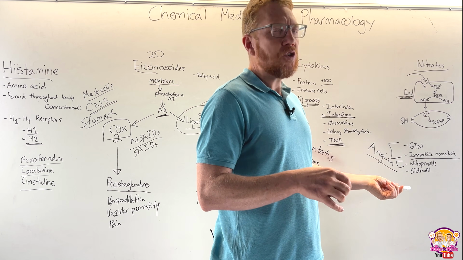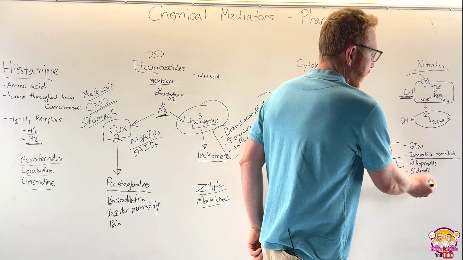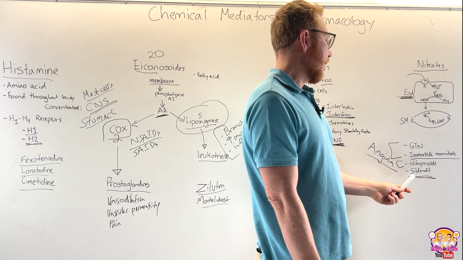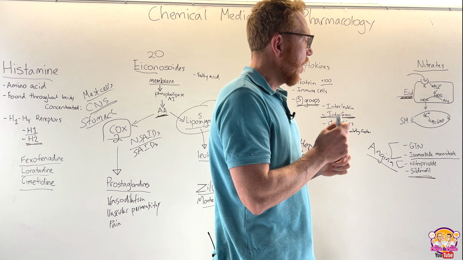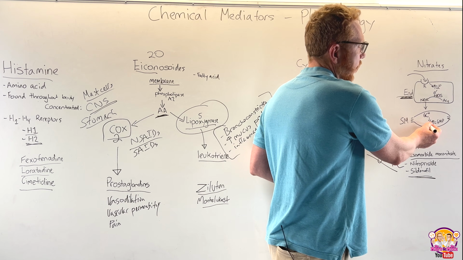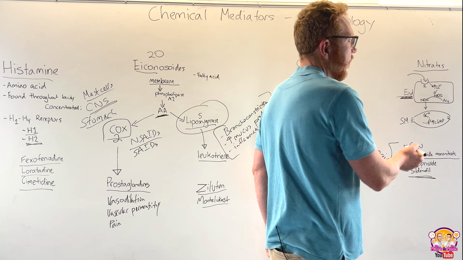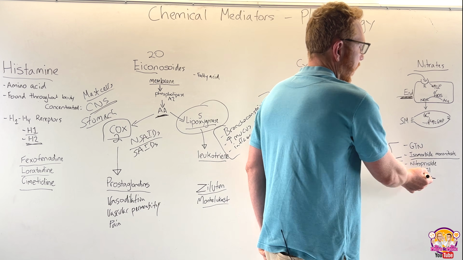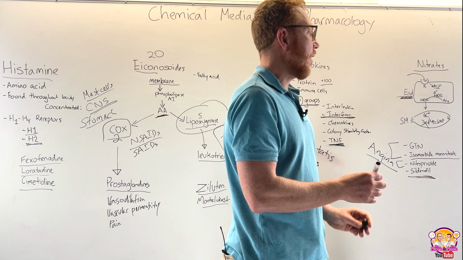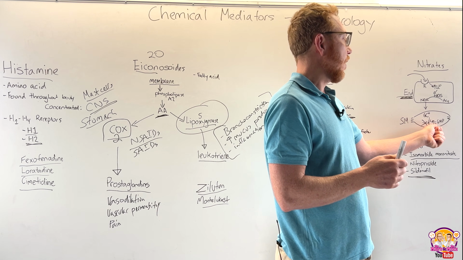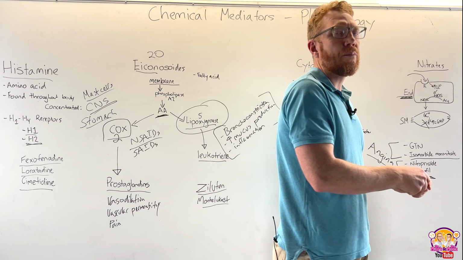A final interesting one that still uses a nitrate as its mechanism is Viagra. The generic name is sildenafil, and the way it works is a slightly different mechanism. There is an enzyme in the smooth muscle called phosphodiesterase 5 that turns off the cyclic GMP. So this drug, sildenafil, blocks that phosphodiesterase, therefore leading to cyclic GMP remaining high in the smooth muscle and the smooth muscle remaining relaxed.